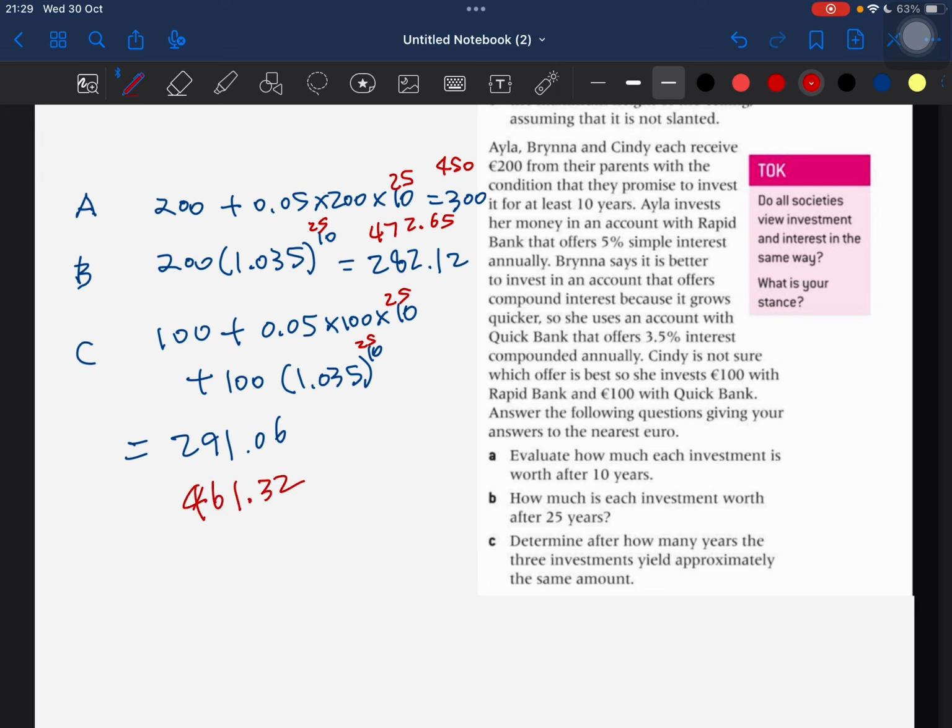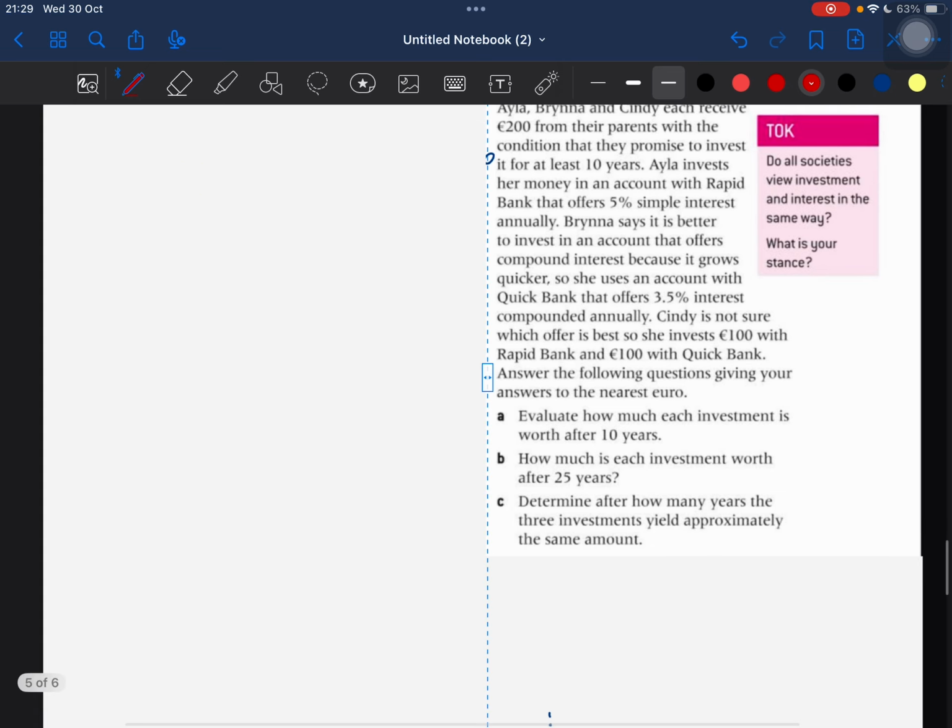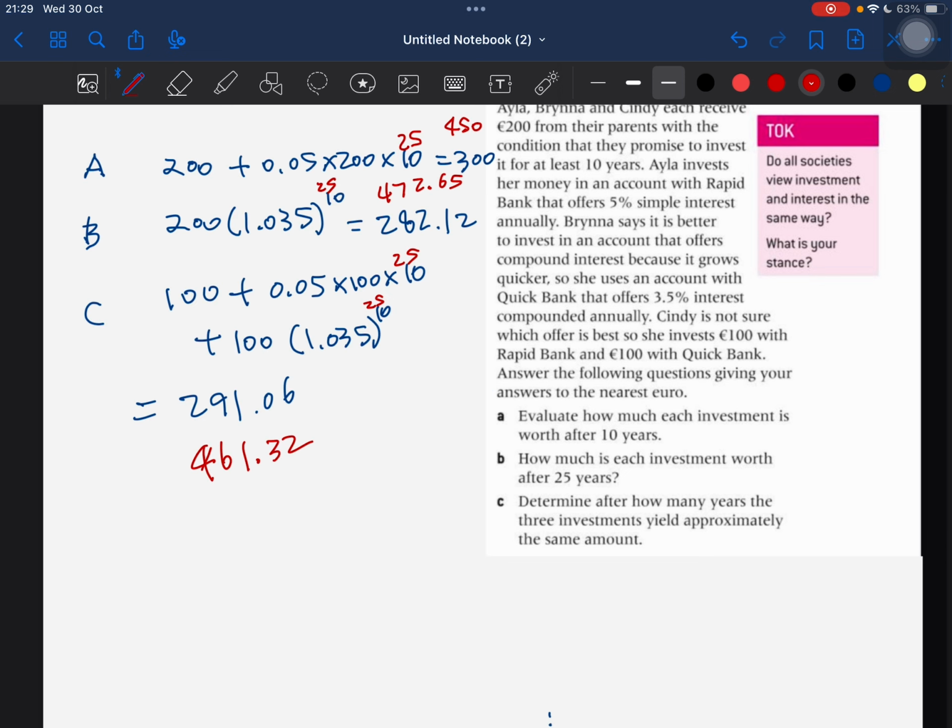461.32. So after 25. So determine after how many years the three investments yield approximately the same amount. Okay, so A, this is more like a general expression.